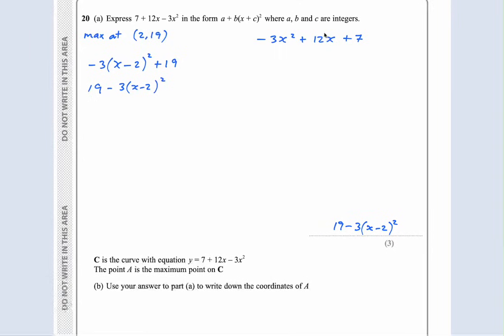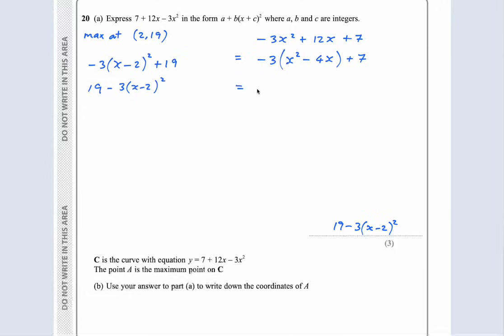I then take out the negative 3 out of these two, and I'm left with, in this bracket, x squared minus 4x plus 7, because I've taken out a minus 3. So that's true because if I multiply out this bracket, it's minus 3x squared plus 12x.